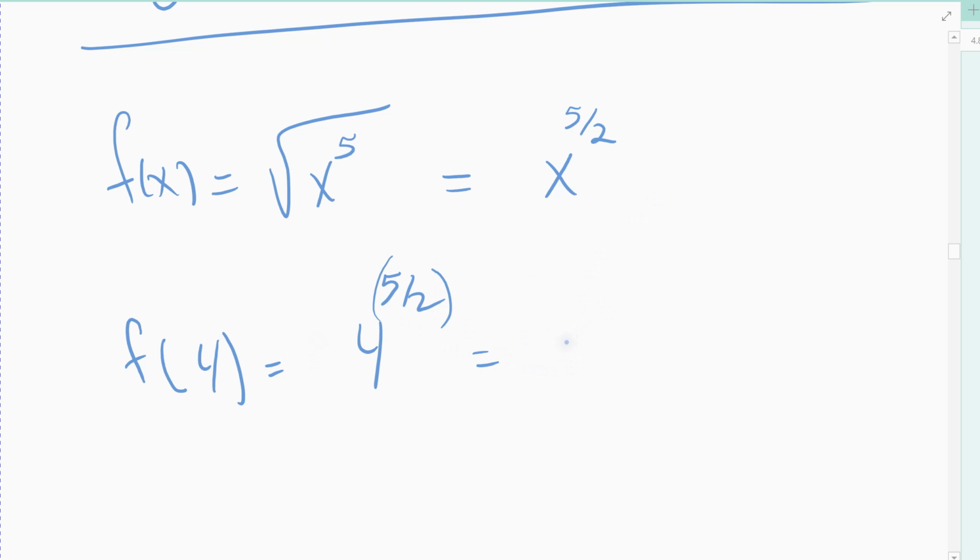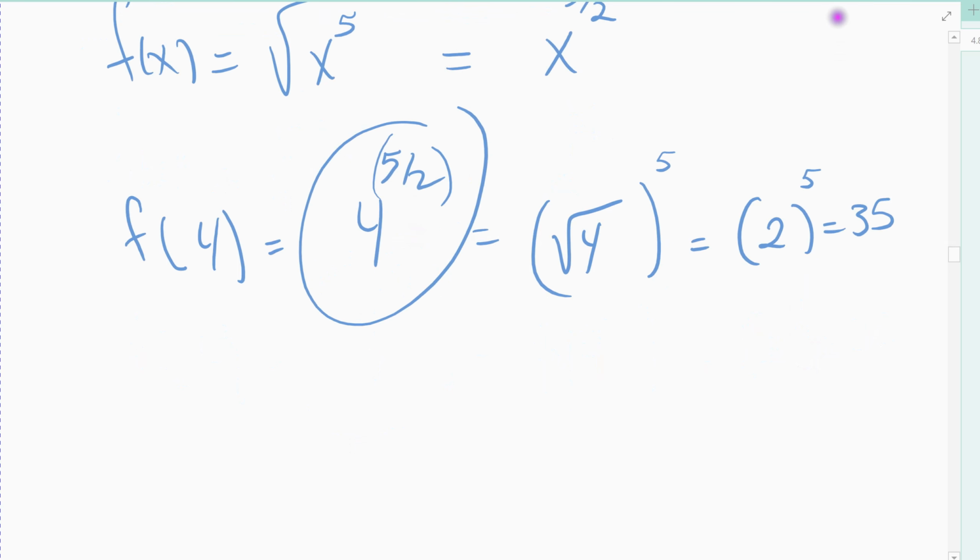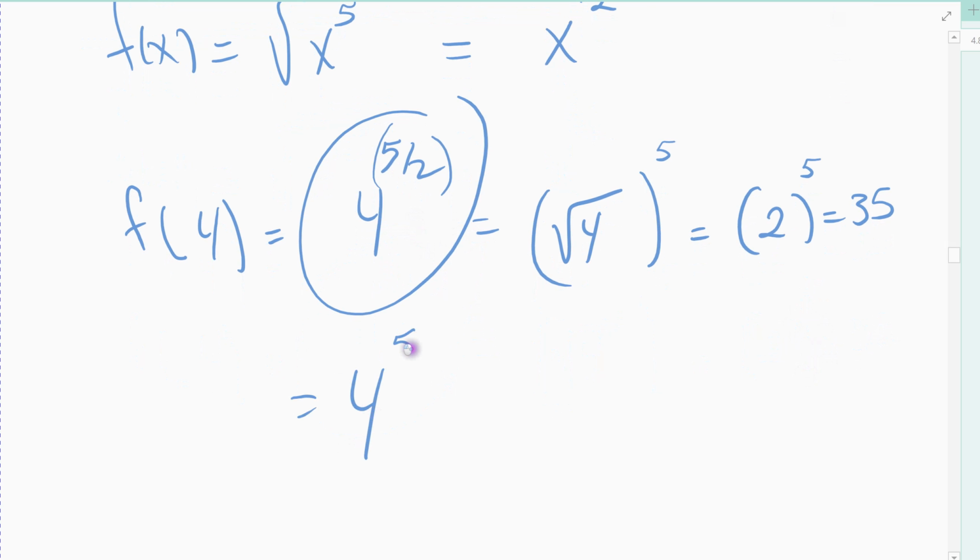Remember, x to the 5/2 is exactly the same as the square root of 4 raised to the 5th. So that would be 2 raised to the 5th, which is 32. It should give you the same thing if you type in 4 raised to the 5/2. Just make sure you put parentheses around that. It should give you, I don't mean 35, 32. I said 32, but I wrote 35.